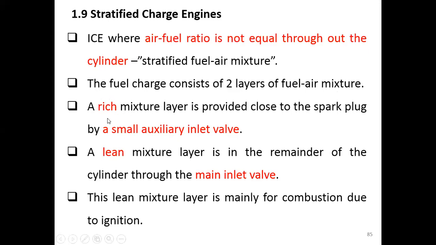Everybody knows the stoichiometric ratio, which is about 14.7, the air-fuel ratio. That means if we use 14.7 parts of air, we use only one part of fuel. So we have the ratio of 14.7.